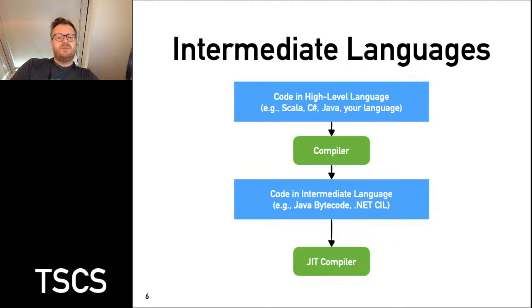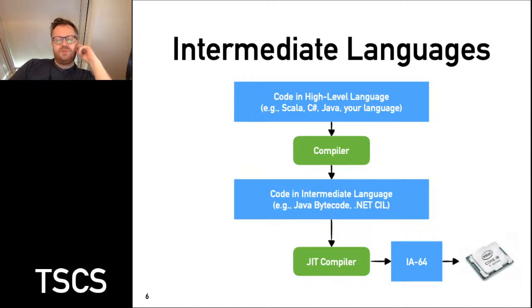They also have an intermediate language that they are compiled to and then executed on the nodes via a JIT compiler. The JIT compiler then produces the bare metal code, the instructions that run on the microarchitecture. There we go, now the picture is complete.